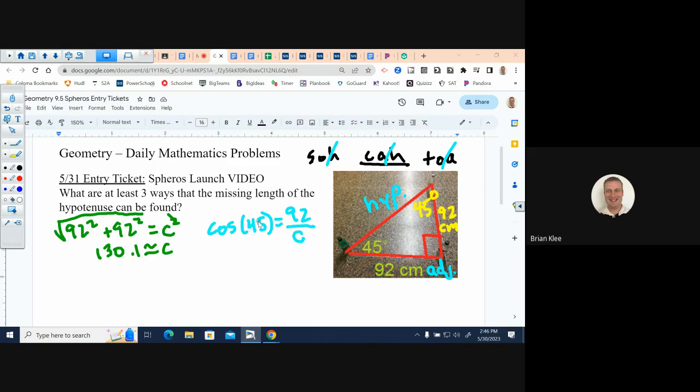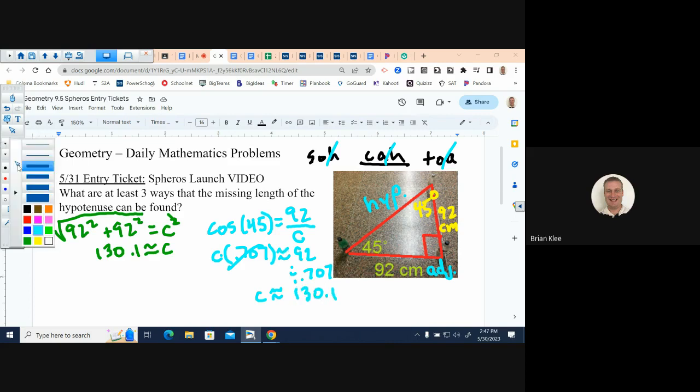So if I grab my calculator, cosine of 45 is 0.707, and I cross multiply, I got C times 0.707-ish is 92. I cancel out the multiplying here with division. 92 divided by that unrounded number, because I'm using the answer feature, is once again, the same, 130.1.